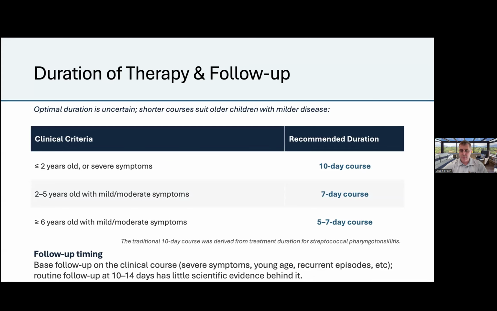Routine follow-up at 10 to 14 days based on clinical course has very little scientific evidence. If you're worried about the kids, bring them back, reevaluate them. If it's pretty clear-cut, straightforward, and no big concerns, they should be fine.